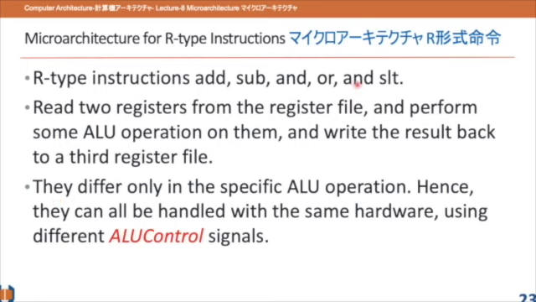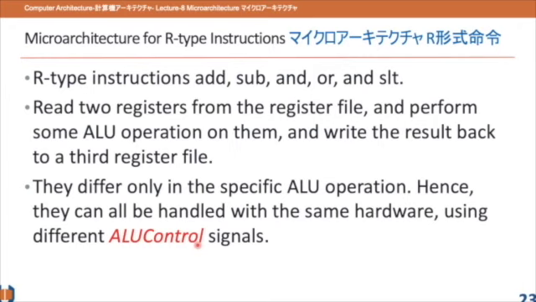Both receive values from registers, perform some arithmetic operation, and store the result to another register, so the only difference is the ALU control signal. So all the register type instructions can be handled with the same hardware with a different ALU control signal.